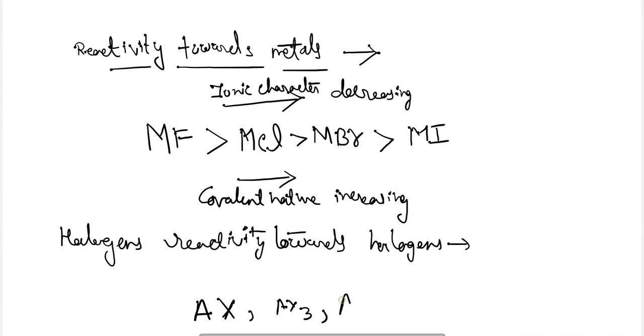They can form monohalides, trihalides, pentahalides, and heptahalides with other halogen atoms. So these are the types of halogen compounds which can be formed by one halogen with another halogen atom.